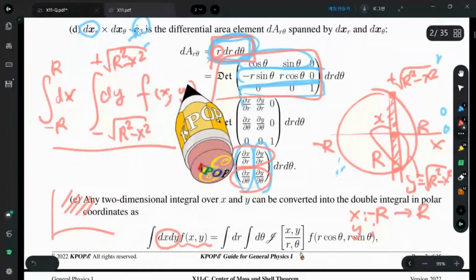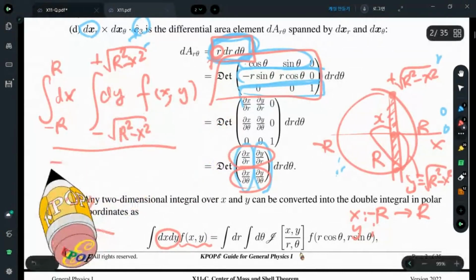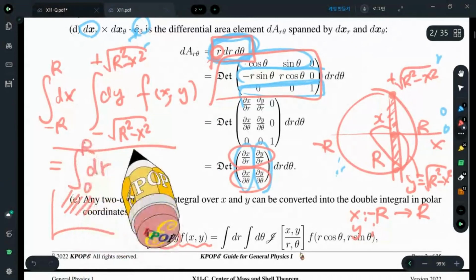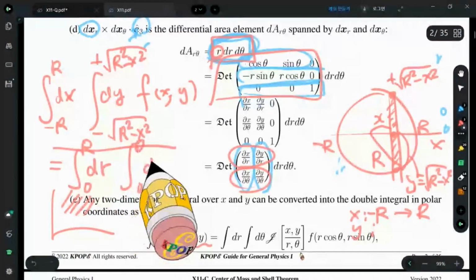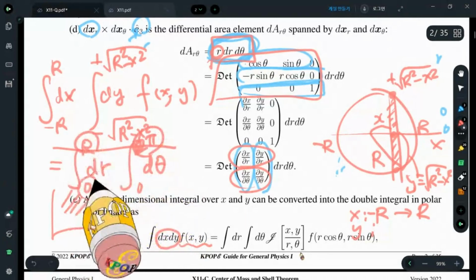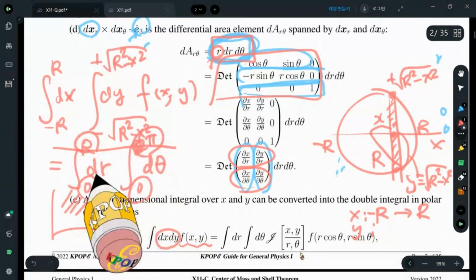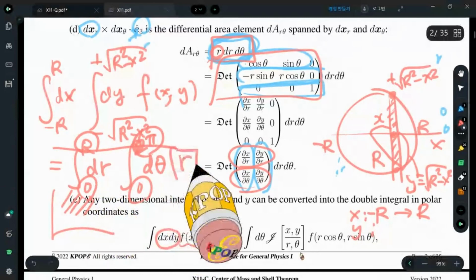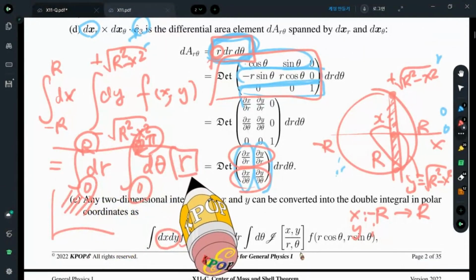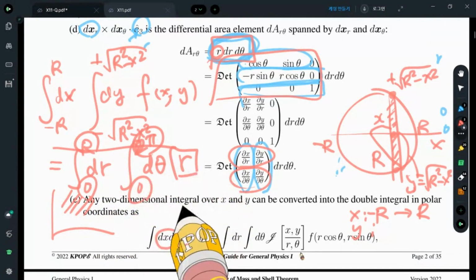Sometimes it is very complicated. However, I can always express this integral as a very simple integral. However, even though these ranges are very simple, if I miss this Jacobian, then my result will be wrong.